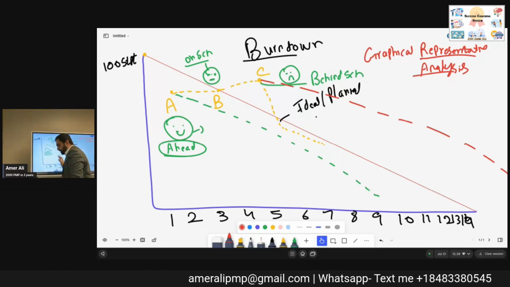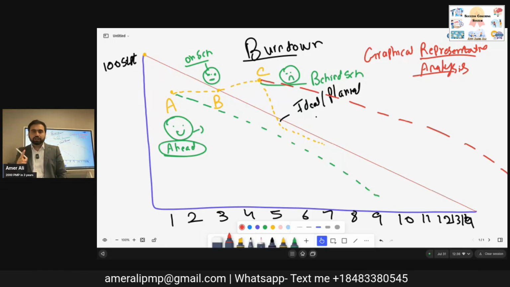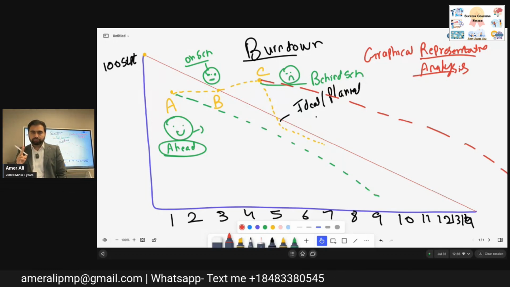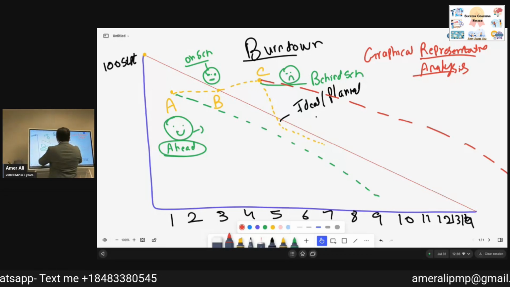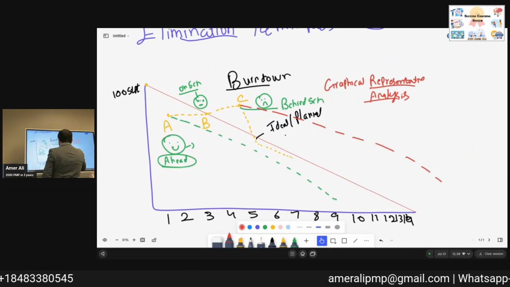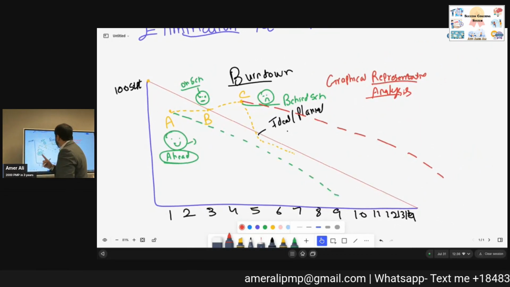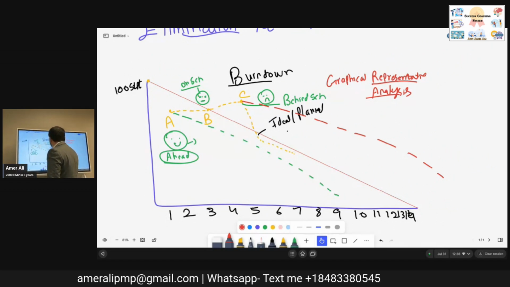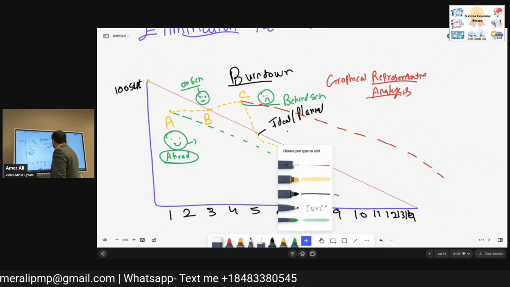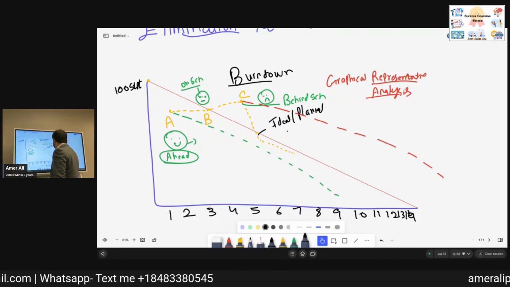So, very important for your PMP exam, your burn down questions and burn up questions. Sometimes in the exam, if they want to show you a spike, they will make a little change here, because that will make more sense.